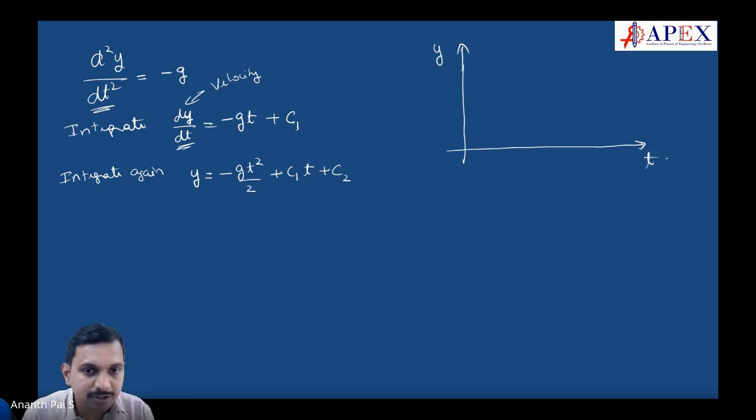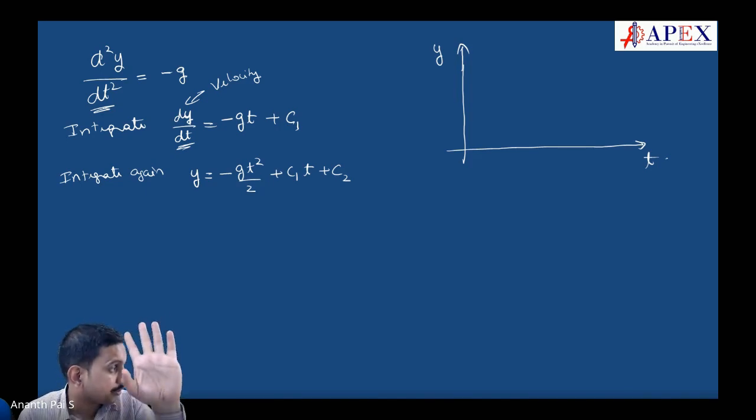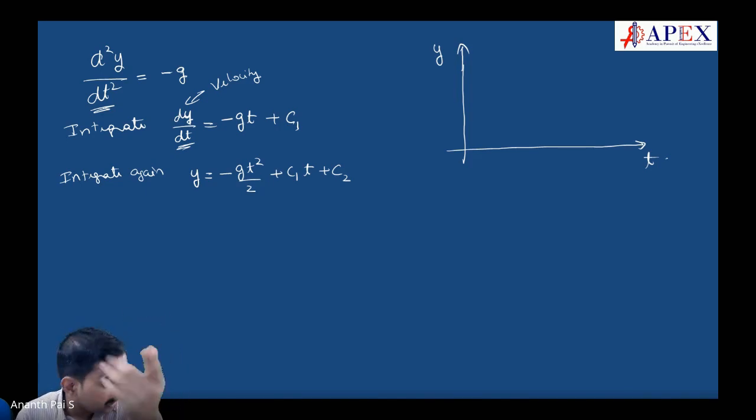If it is not there, then it's different. So if I'm releasing with 0 velocity, initially what is dy by dt? It is minus g into t, and g into t is 0. So it's 0 slope at t is equal to 0.